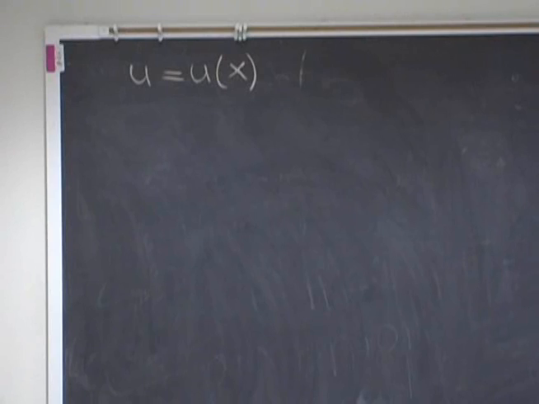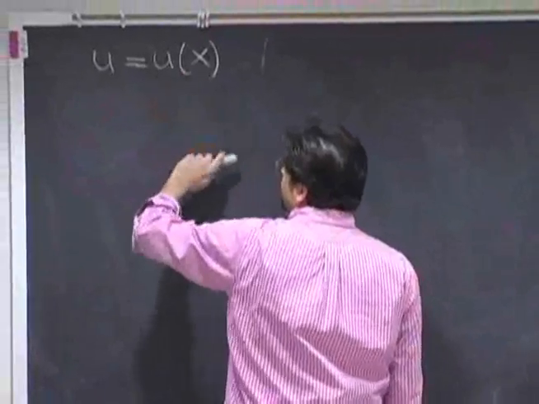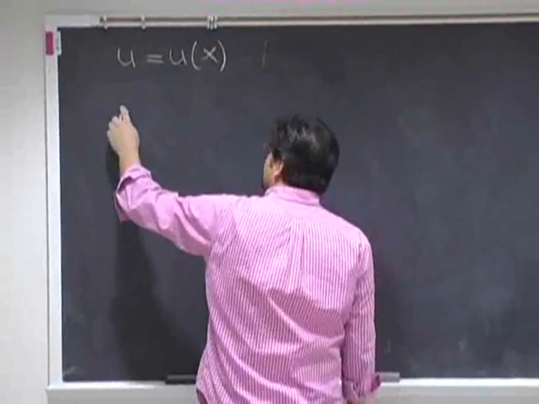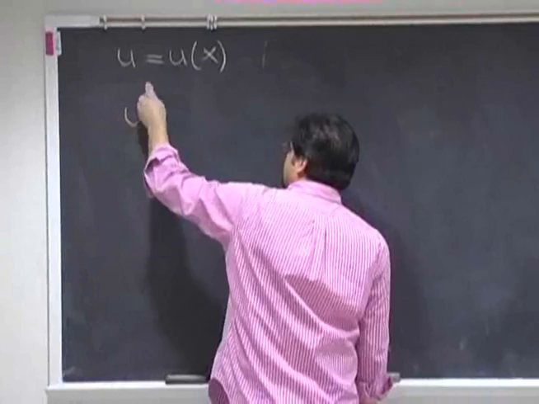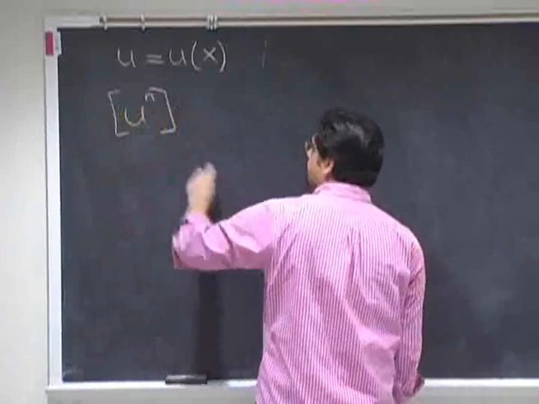Let's look at a quick recap of the rules that we had, the power rule specifically, and let's try to figure out the general formula for it. In other words, if I have some function u of x, what does the chain rule tell us about how to take the derivative of the function to the power n?